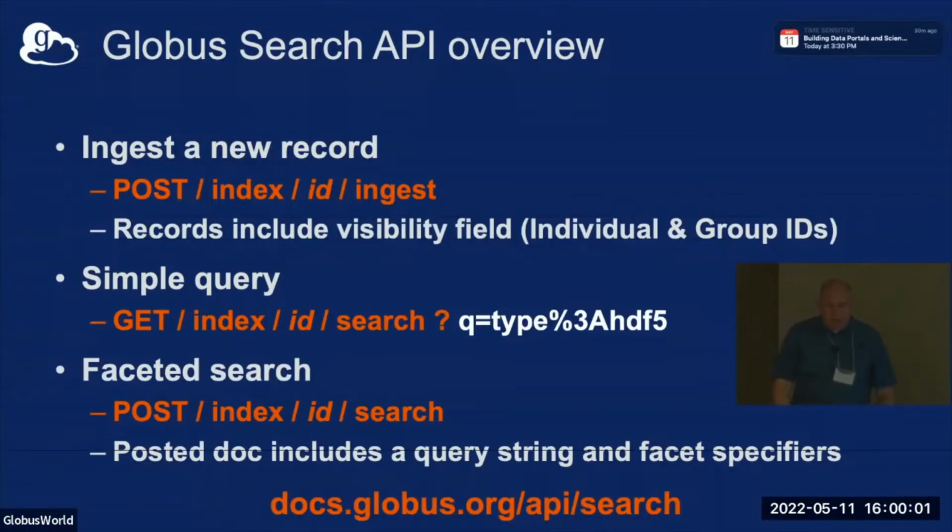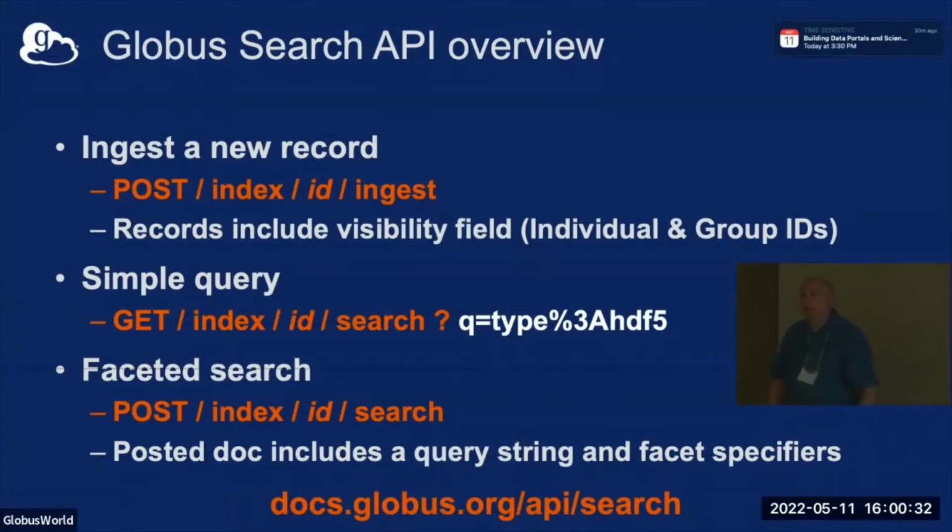And then there's a third section, which is the visibility of this particular record. So is it public? Is it only available to this particular Globus group? Is it only available to this list of Globus identities? Whatever it is, that's what you specify in the visibility. And that's all there is to adding something to an index in Globus Search. You just do a POST request, bang, new record in the index. It gets automatically indexed so that it'll come back in search results.